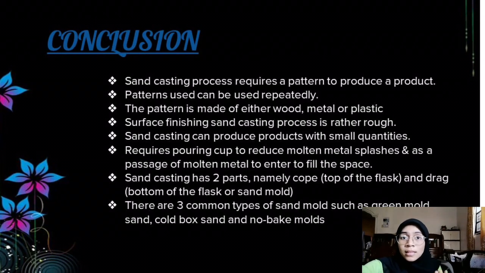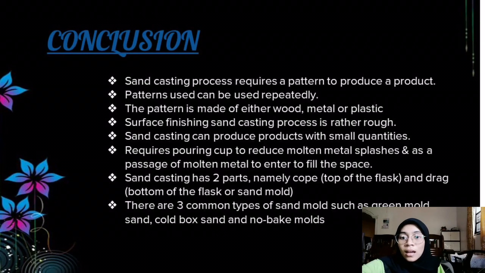Next, the sand casting process requires a pouring cup to prevent molten metal splashes, as a passage for the molten metal to enter and fill the space. Next, the sand mold has two parts. At the top of the flask we call the cope, and at the bottom of the flask or sand mold we call the drag.